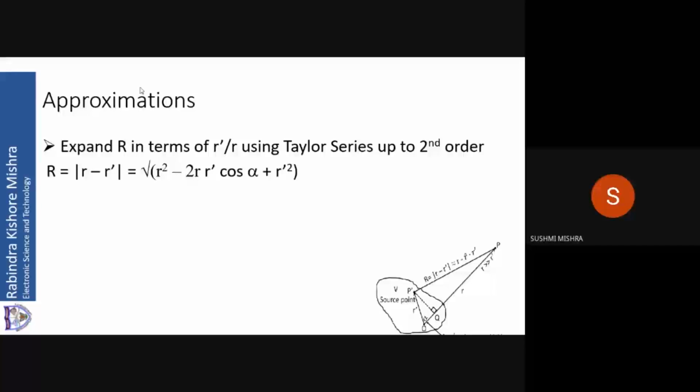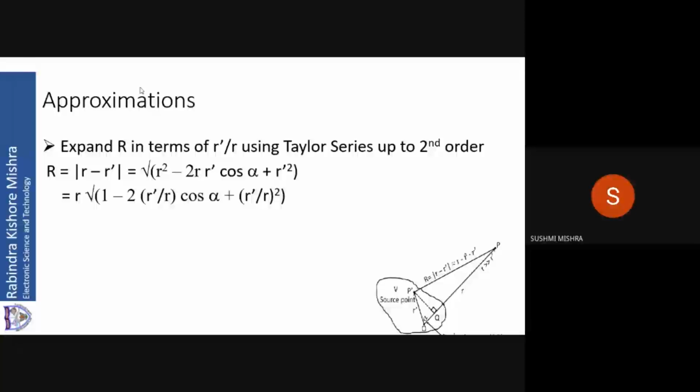Now, if you do that, we have seen capital R is the absolute difference between little r and little r prime. So that we can write as root over of little r square minus 2 little r dash cos alpha plus r dash square. This you can also see from the triangle using this value. Little r dot little r dash is equal to little r dash cos alpha. Use that. Here you can find it out.